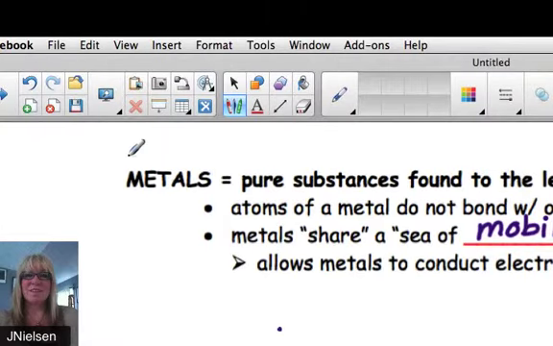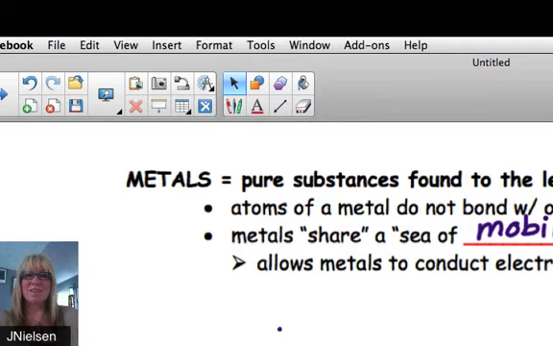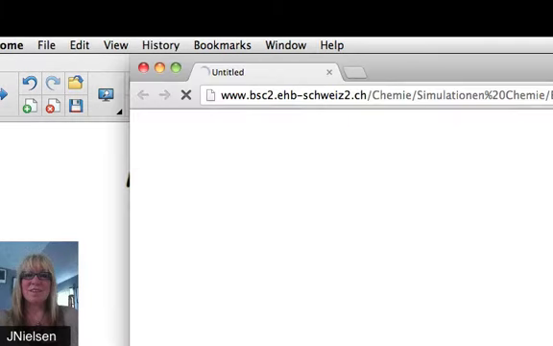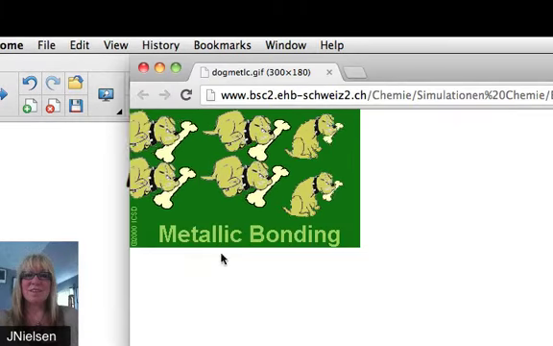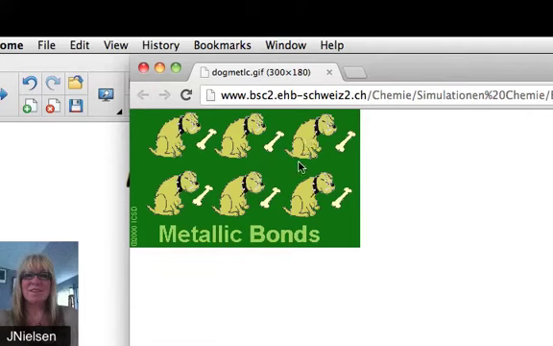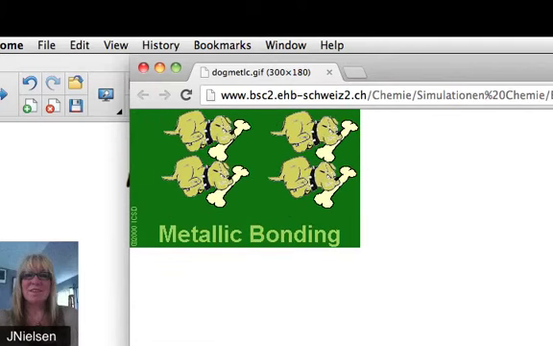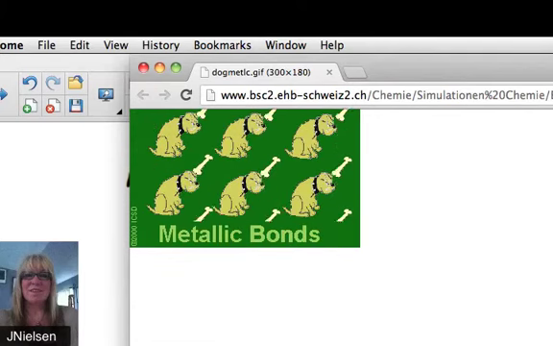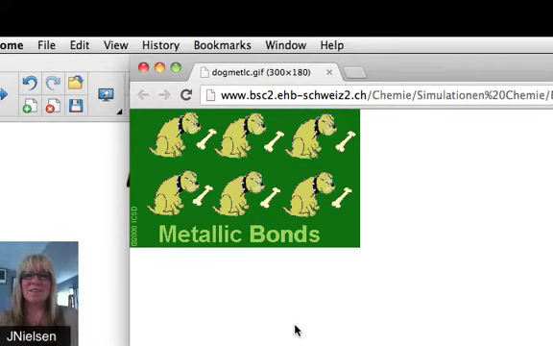And we're going to look at a little video of metallic bonds. And I like to refer to this as the big dog theory. So what's happening here, if you see these dogs, they each have a bone, and the bones are constantly moving.